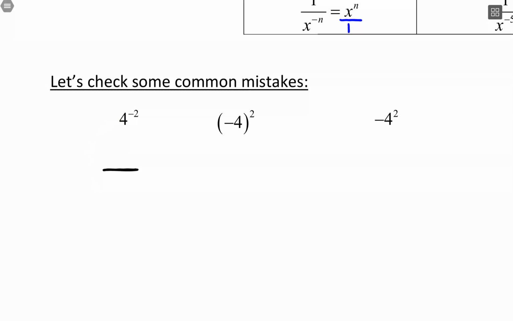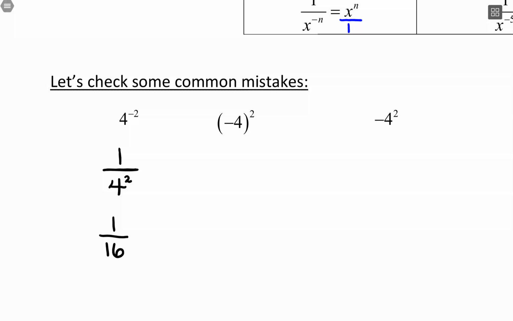I keep the base of 4, but because I've moved to the denominator, instead of an exponent of negative 2, I now have an exponent of positive 2. And now I don't have anything left over in the numerator, so I'm just going to use a 1. Simplifying 4 squared, I can make that 1 over 16.